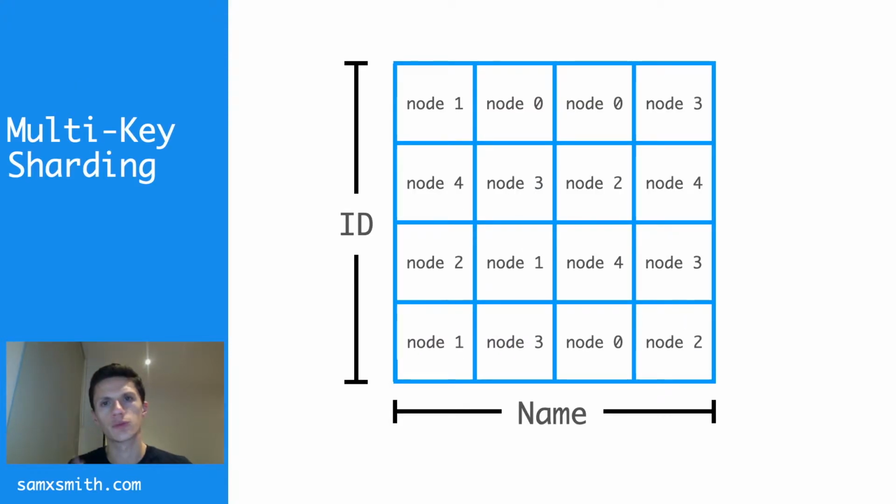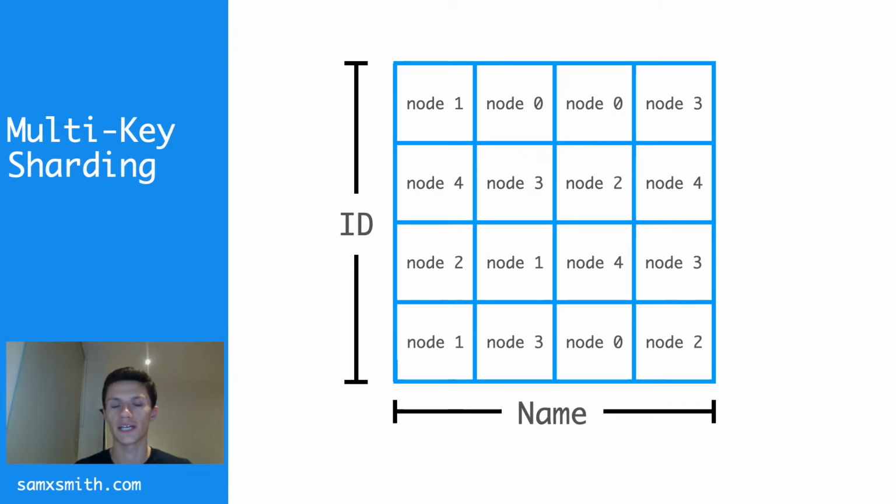To solve this problem, HyperDex conceives a multidimensional space filled with buckets which can be identified with a node. For each attribute which you want to shard, you essentially assign a dimension.